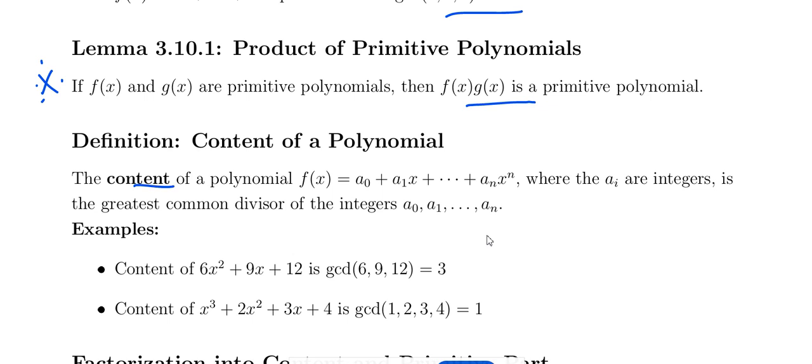The content means the greatest common divisor, the GCD of the coefficients of the polynomial. இப்போ ஃபார் எக்ஸாம்பிள், content of this polynomial நமக்கு வேணும்னா GCD of 6, 9, 12 equal to 3, that is called the content of this polynomial. GCD of 1, 2, 3, 4 is equal to 1, so this is a primitive polynomial also, and the content of this one is 1, the content of this one is 1, இது content வந்து 3.